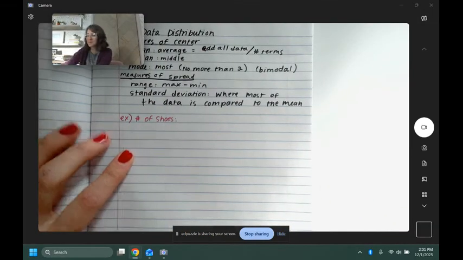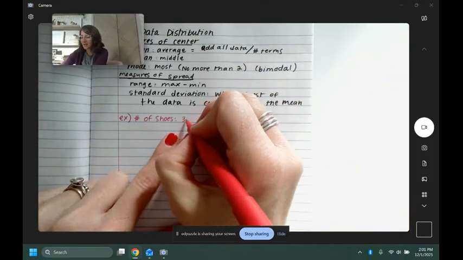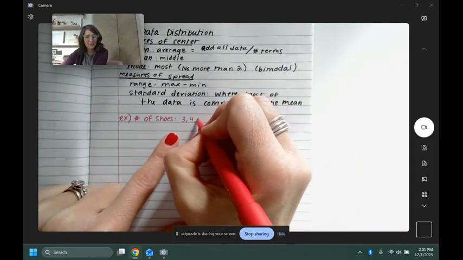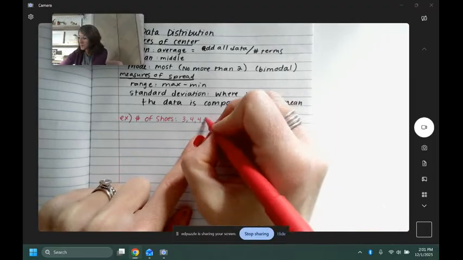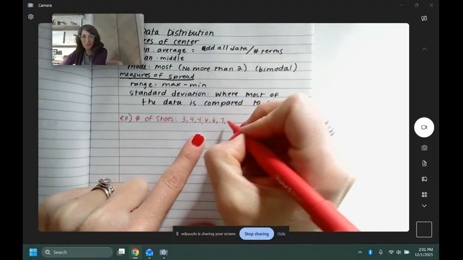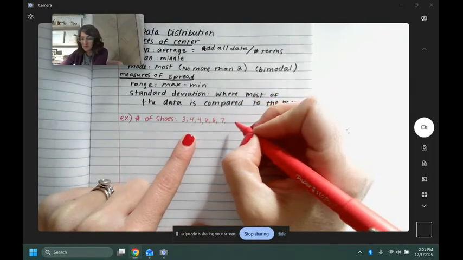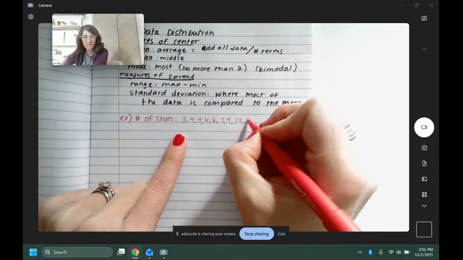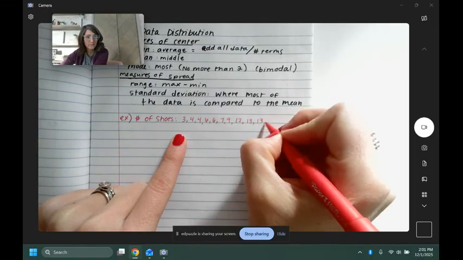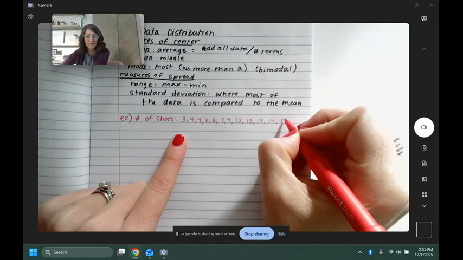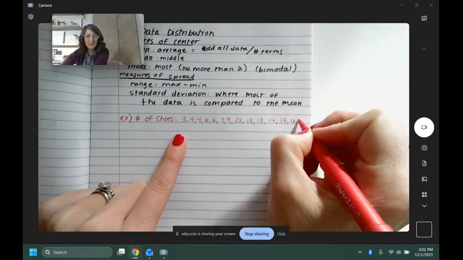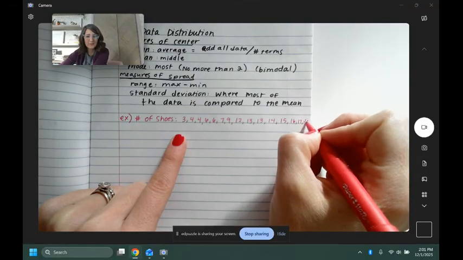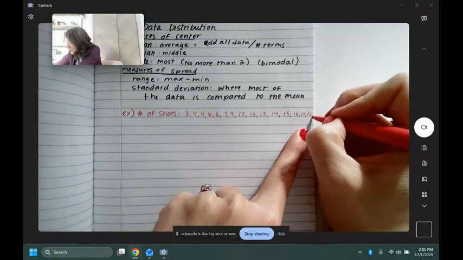So 3, 2 people had 4 shoes, 6 pairs of shoes, that is. They don't just have 3 shoes. 15, 16, ooh. And 25.